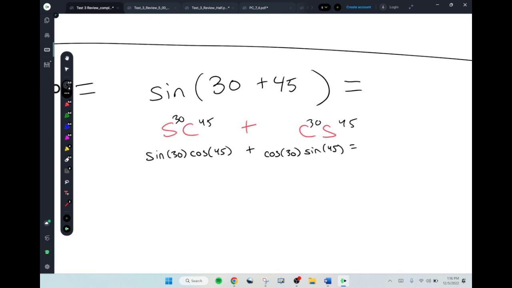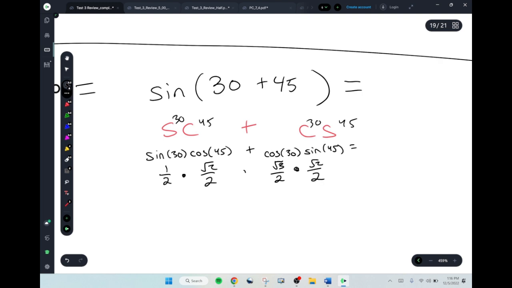The sine of 30 is 1/2. The cosine of 45 is root 2 over 2. The cosine of 30 is root 3 over 2. And the sine of 45 is root 2 over 2. If you add and multiply all those, you get root 2 over 4 plus root 6 over 4, which is just root 2 plus root 6 over 4.